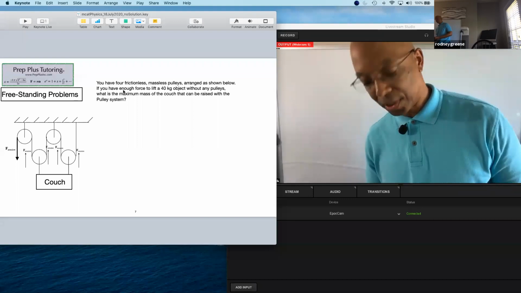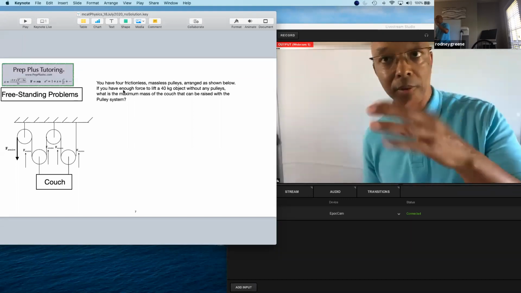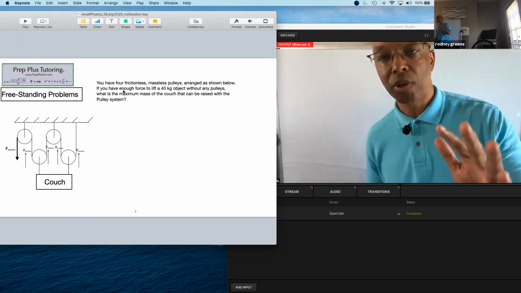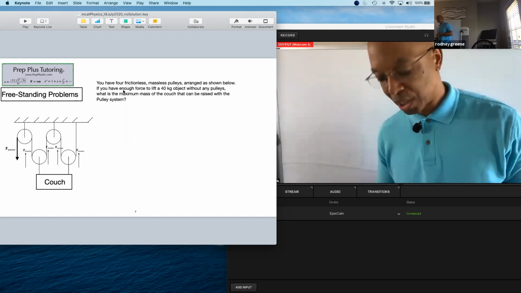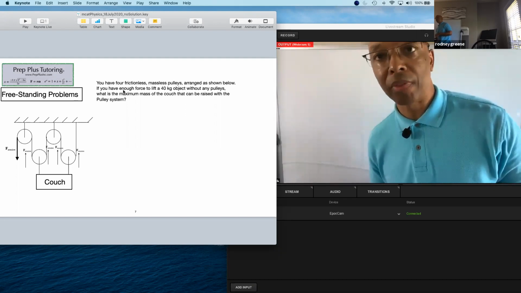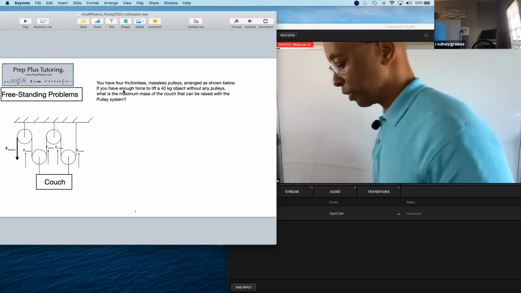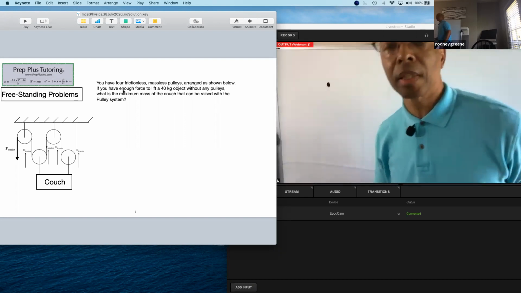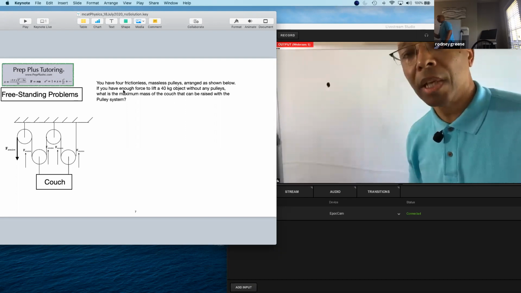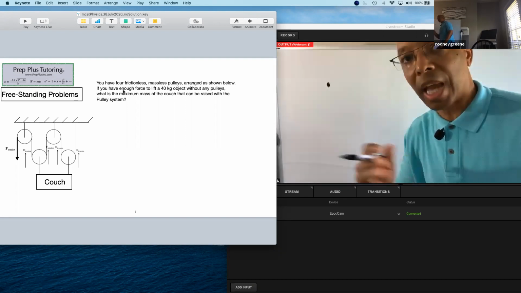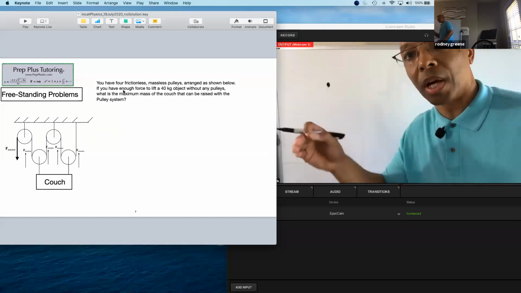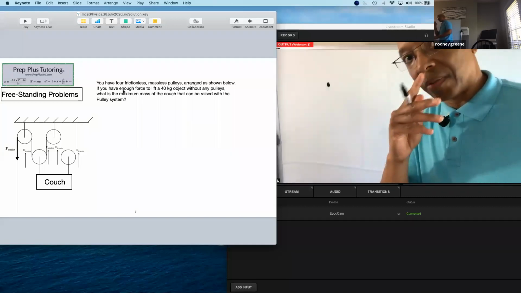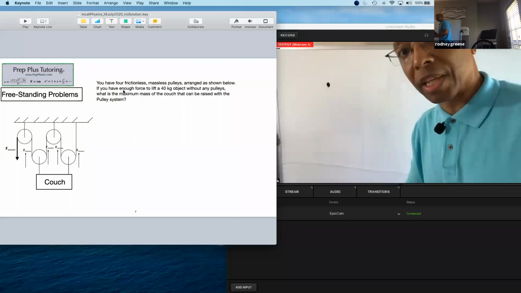So the first thing you want to do on these kinematics problems is draw what's called a free body diagram. So we're going to draw a free body diagram of the forces on the couch. The couch we represent as a dot, which is the center of mass. All of the forces on the couch act as though they're working on that dot.